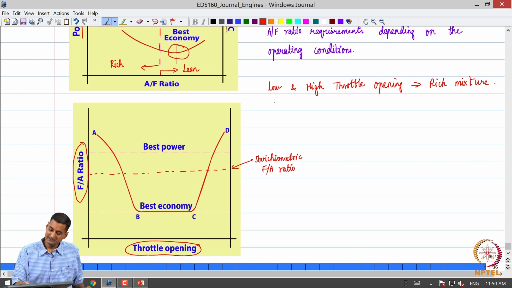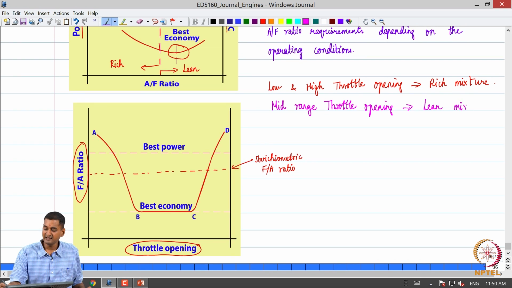On the other hand, when we go for mid range throttle opening, typically we prefer a lean mixture. The question is why.